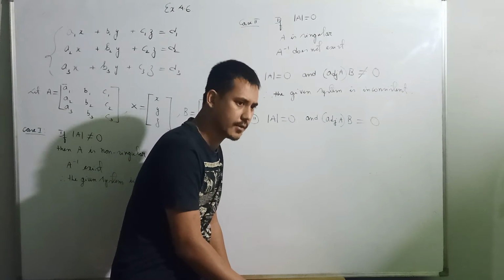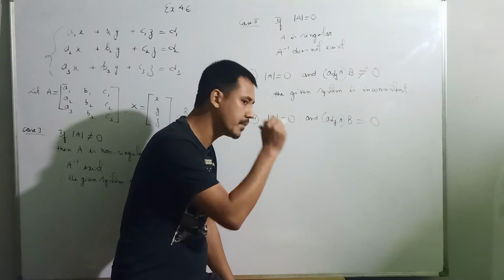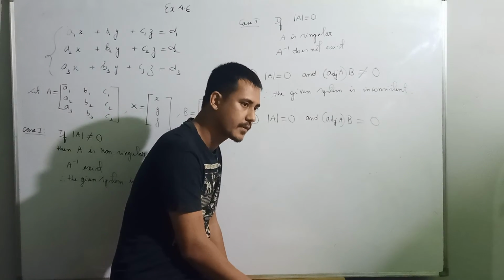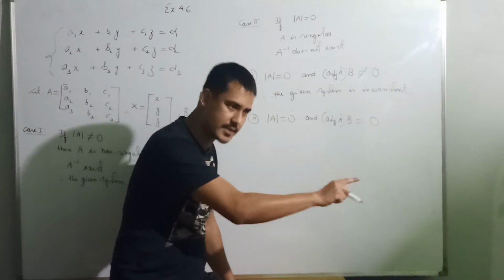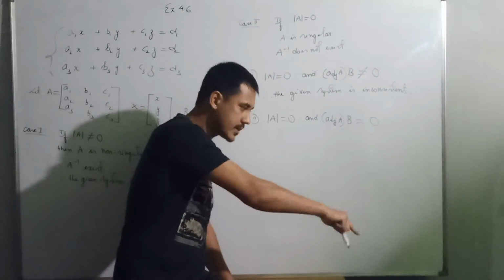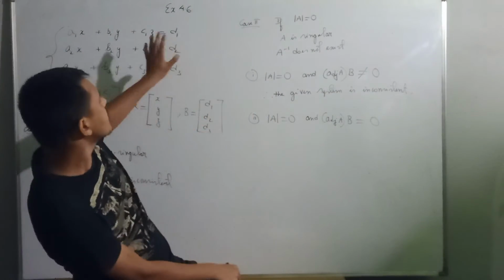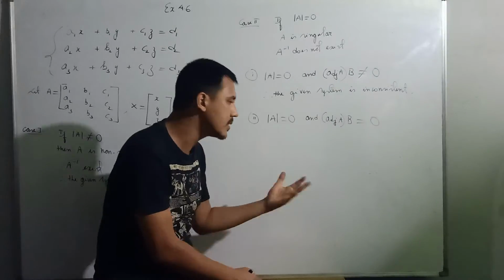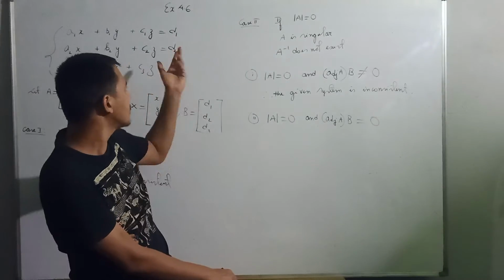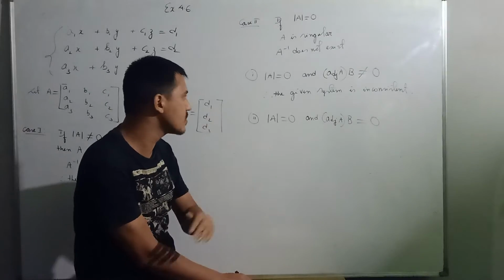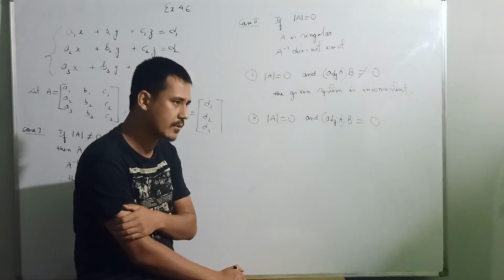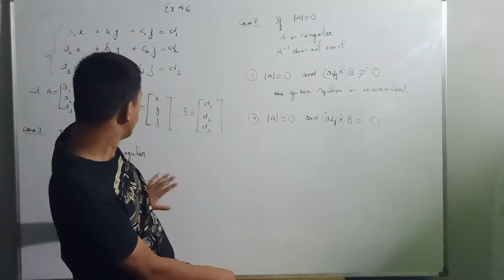Are you getting me? Infinite solutions will be consistent. Whenever a system of equations has a solution, it is consistent. Whenever it has no solution, it is inconsistent. Okay. So this part is done.